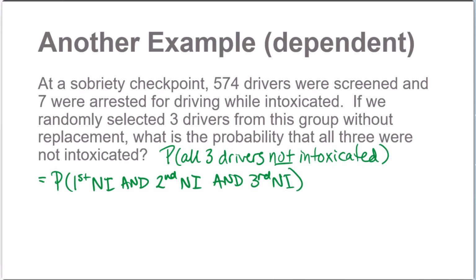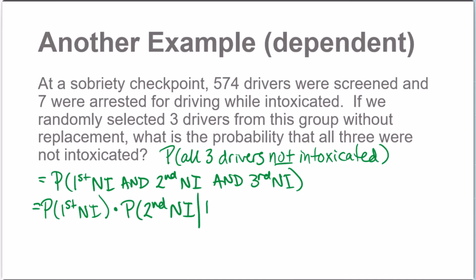This is an and probability. We actually have 3 events here instead of just 2, but the multiplication rule still works. We're just going to kind of extend it. So I'm going to start with the probability of the first event. So probability that the first person we select was not intoxicated times probability that the second person was not intoxicated, but this is given that the first event has already happened.